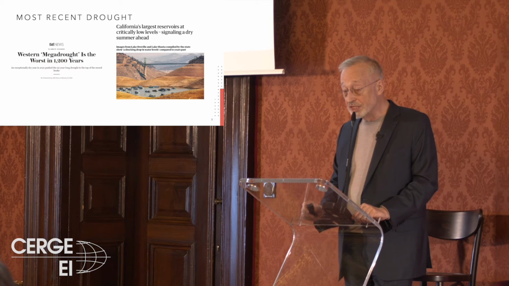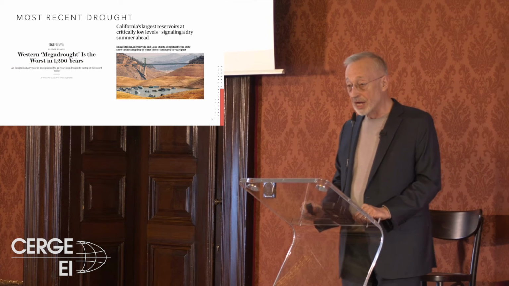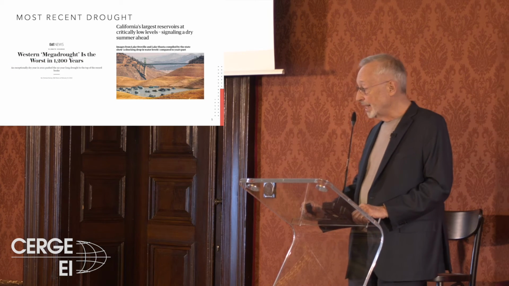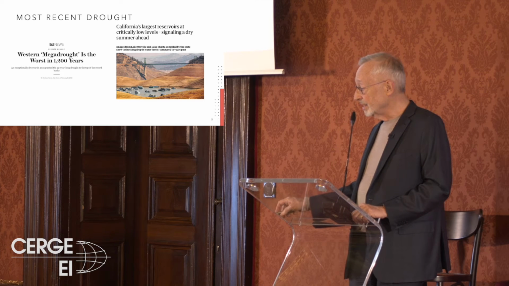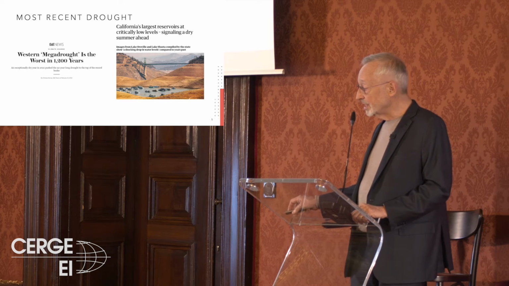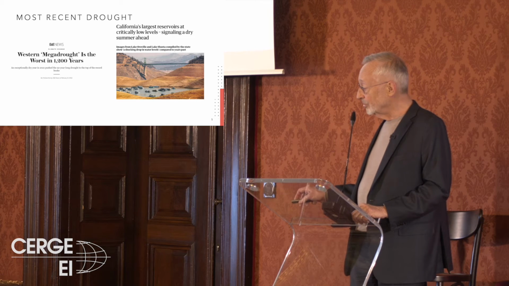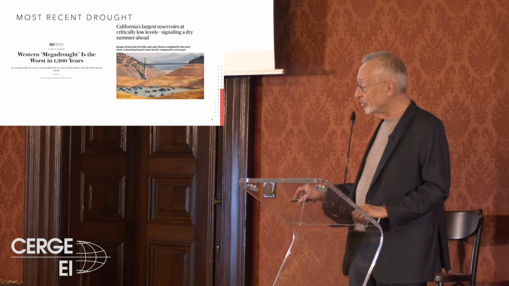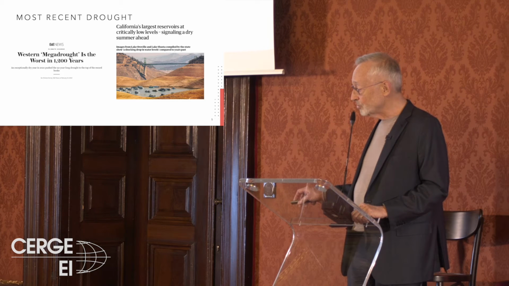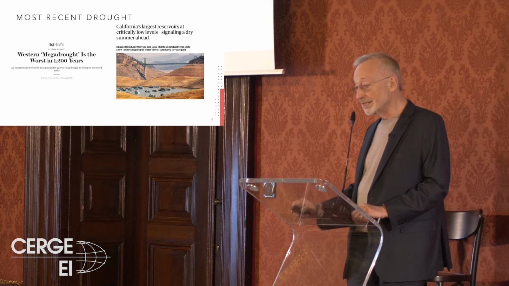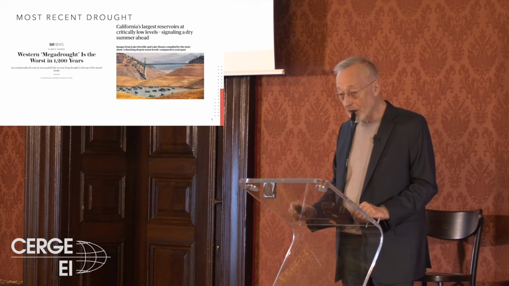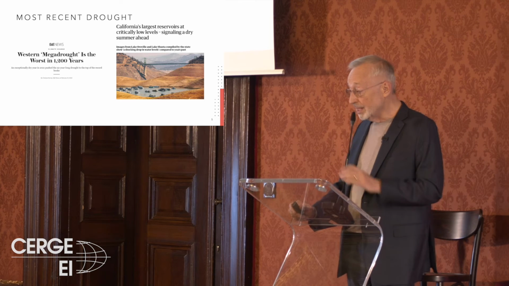Now, California has recently gone through a drought. We began this project about a year and a half ago, and you can see if you take a look at these pictures here, this was one of California's largest reservoirs, and normally it's full up to there, and in the drought years, as the reservoirs were drawn down, you can see what a tiny fraction of the water was left in that reservoir.